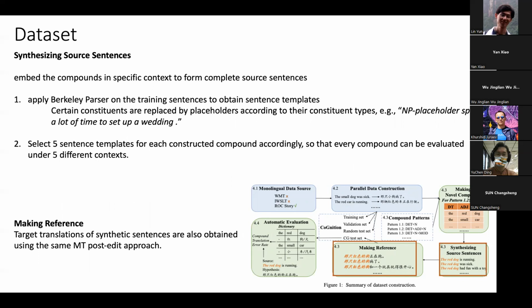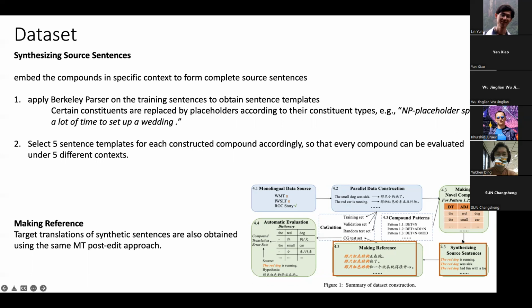In that case, you're talking about the test data set generation, right? So if we replace the NP placeholder with a compound in the training data set, it means this compound will be shared between the training and testing data set. They don't put it in the training data set.